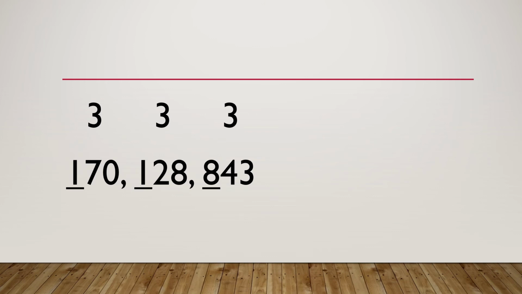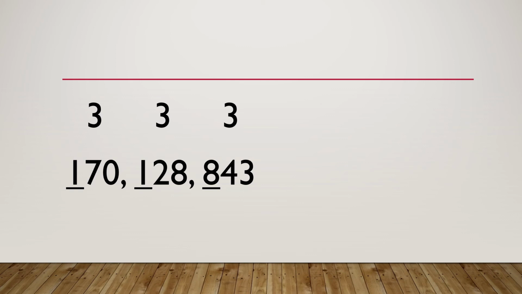In 128, hundreds place digit is 1. And in 843, 8 is the hundreds place digit. So here 1 is smaller than 8. But in 170 and 128, hundreds place is same.